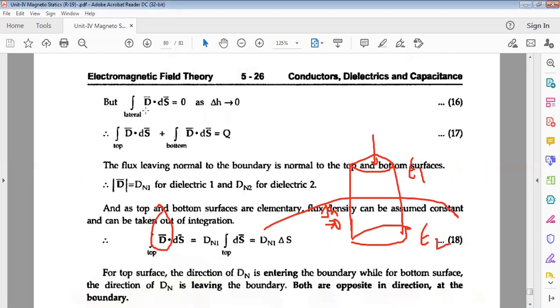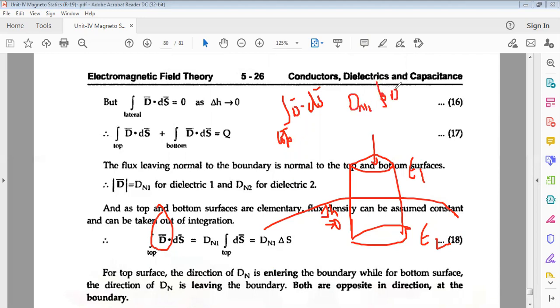Now, on the lateral side, D bar dot dS bar is equal to 0 as delta h tends to 0. And the top and the bottom contribute the charge Q. What is the top? D1. The integral of D bar dot dS bar at the top is Dn1 times the integral of dS bar.